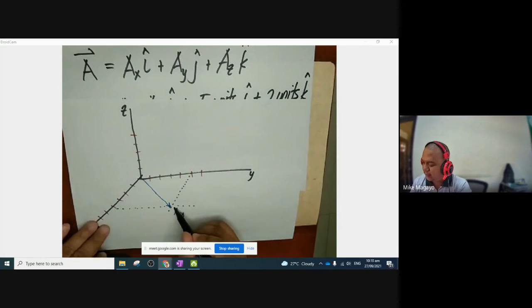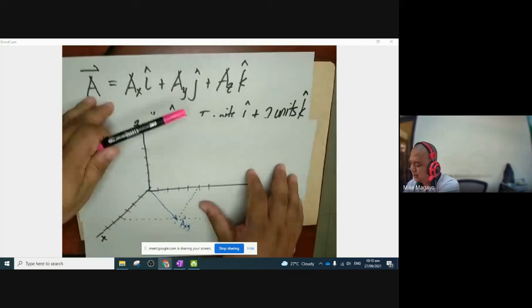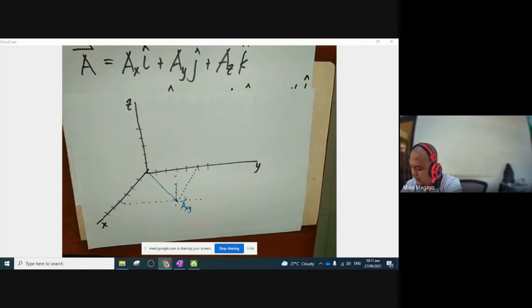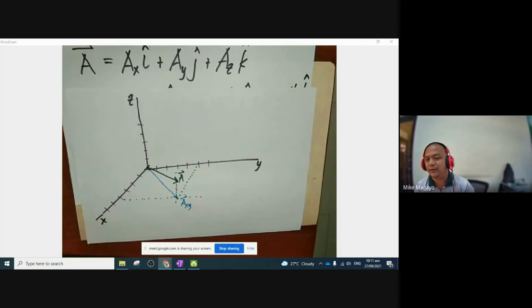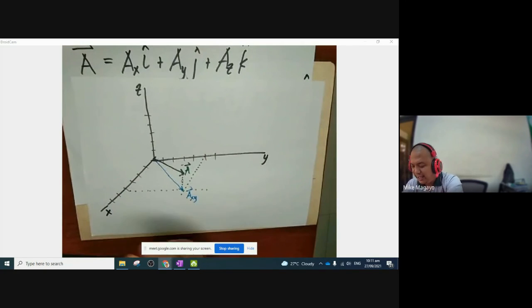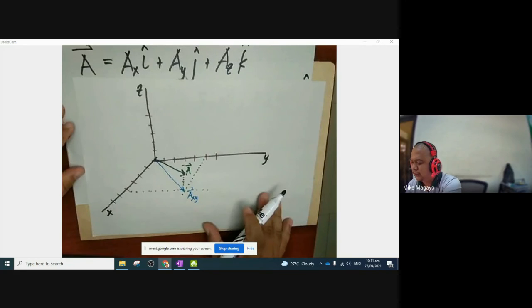You may write an arrow to indicate that it's a vector. Then you go up along z by 2 units. So this is now our vector A. That's vector A if we are going to plot it.